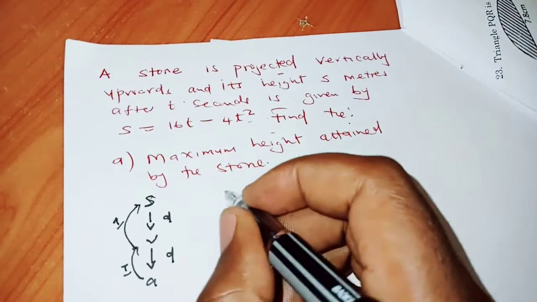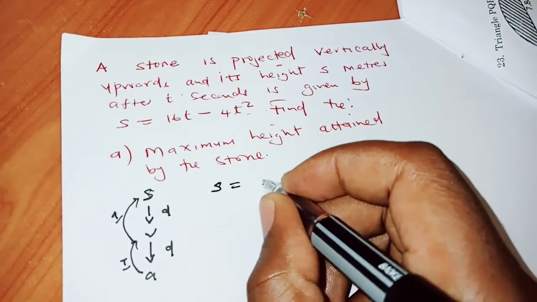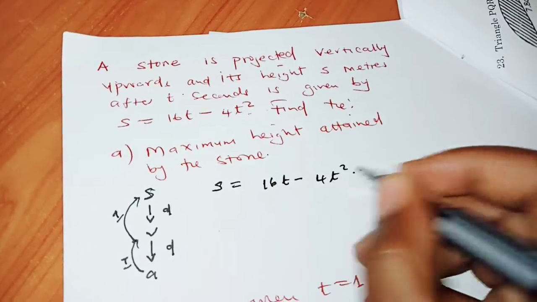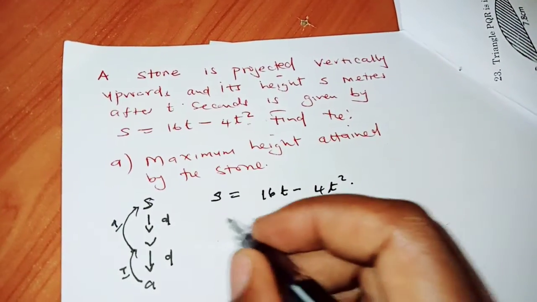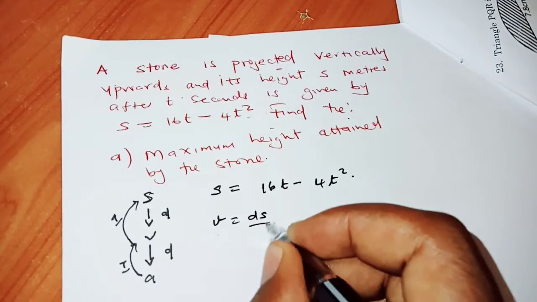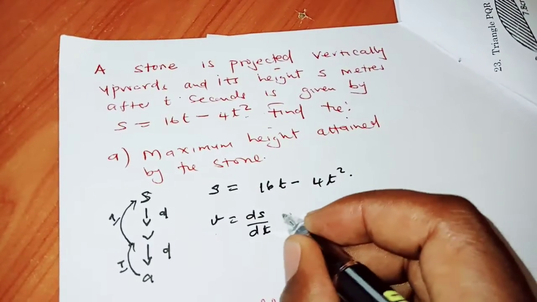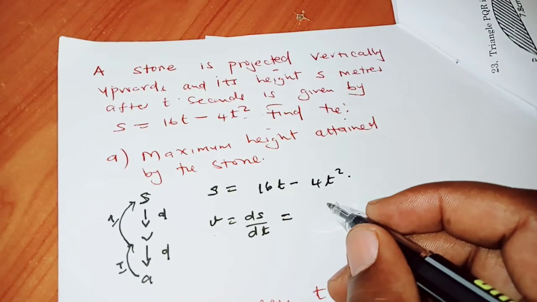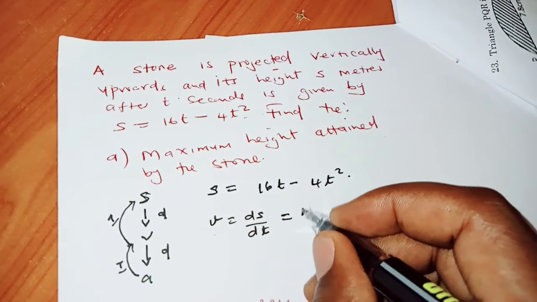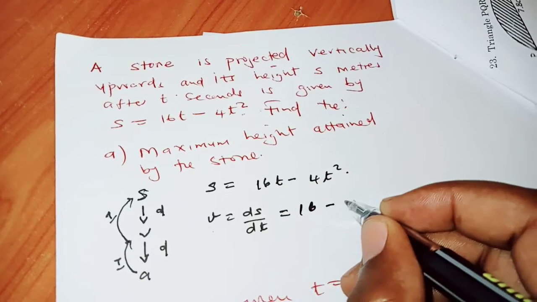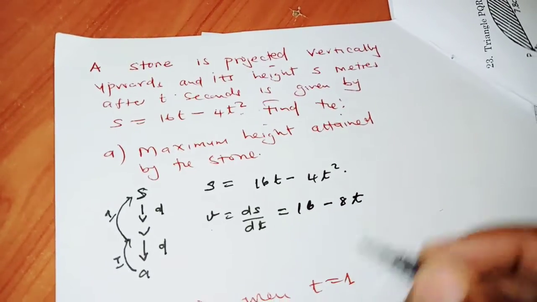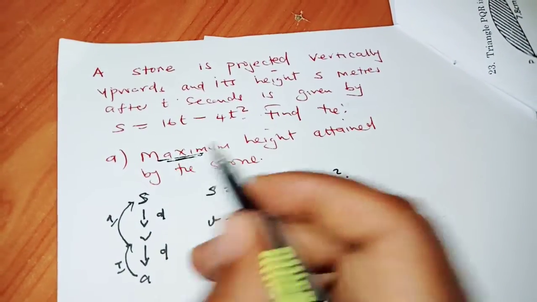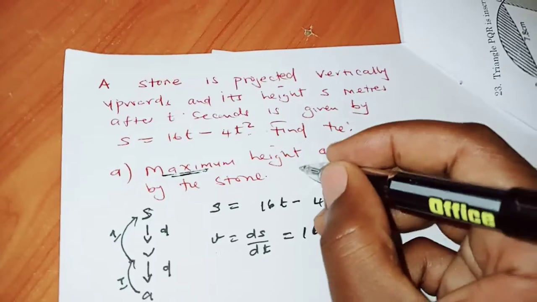So we are given s as 16t minus 4t squared, and we know that v is ds over dt. So change in s over change in t, we differentiate s with respect to t, and this gives us 16 minus 8t. We need to remember that maximum height occurs when velocity is equal to 0.